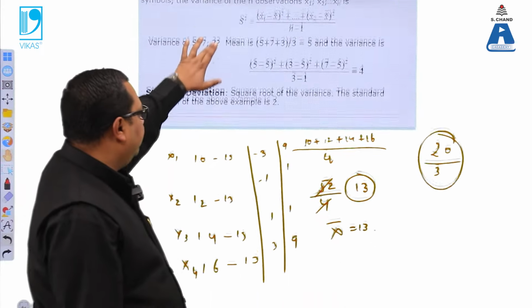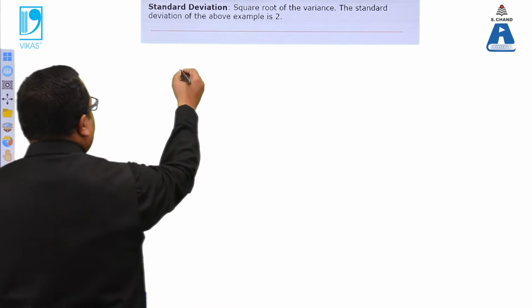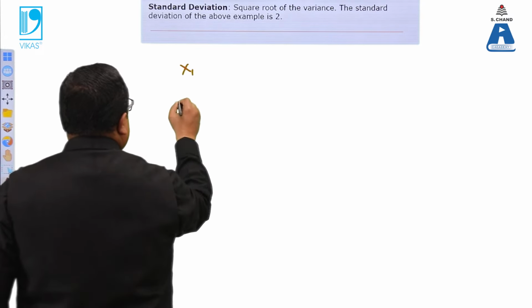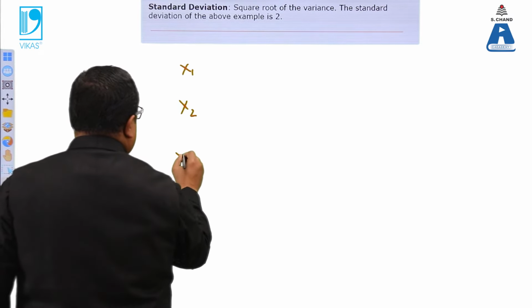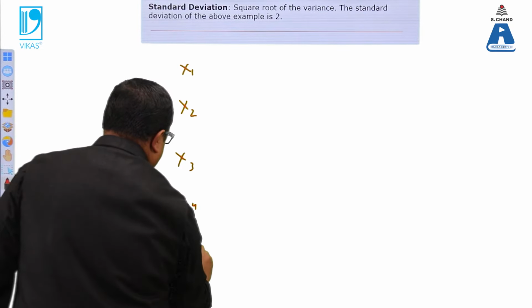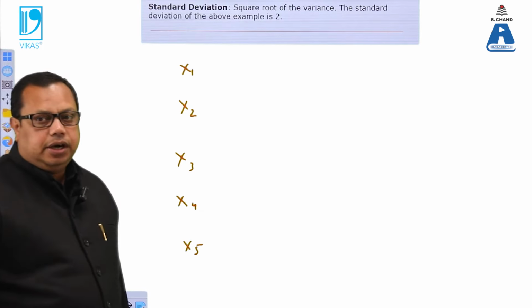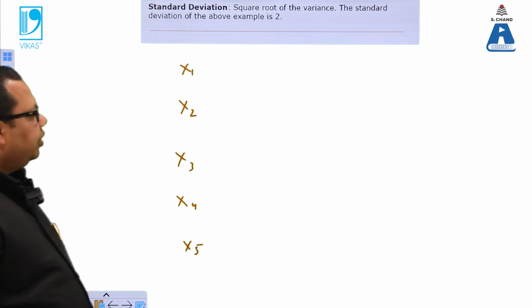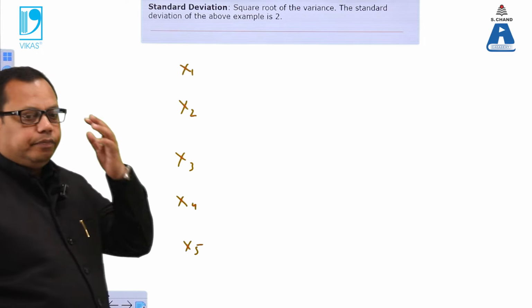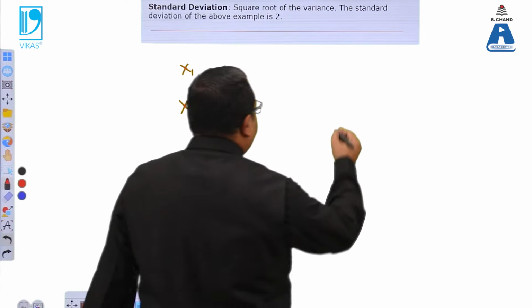Let's take one more example, that x1, x2, x3, x4, x5 are the 5 particular data points, and from these 5 data points we have to calculate the variance. To calculate the variance, first of all we have to calculate the mean.